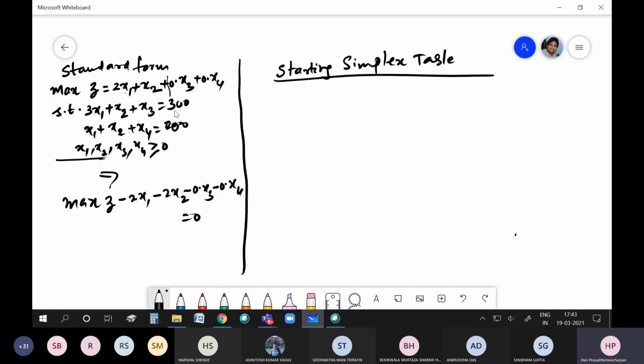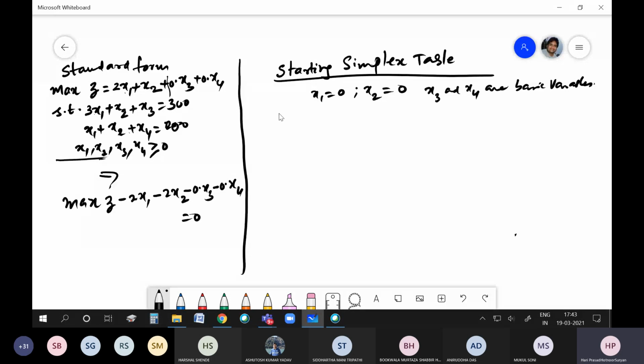If I make the decision variables x1 equal to 0 and x2 equal to 0 in the first two constraints, what will be the basic variables? x3 and x4 will be the basic variables. So we start by making the slack variables the basic variables.